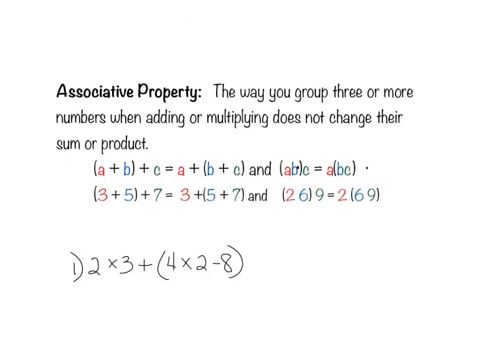Associative property. Associative property says the following: the way that you group 3 or more numbers when adding or multiplying does not change their sum or product.